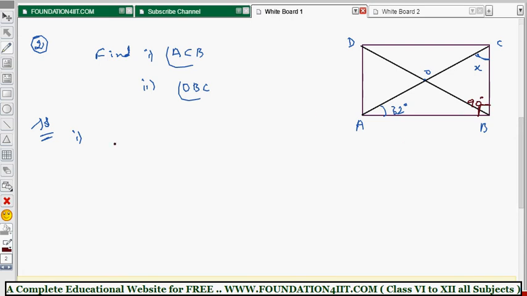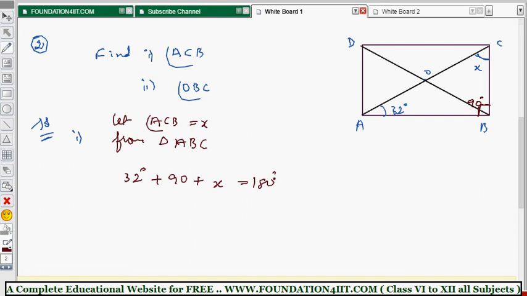Now from triangle ABC, angle BAC is 32 degrees, plus 90 degrees, plus the angle we have to find out, ACB. Let angle ACB be equal to X. The sum of the three angles in a triangle is 180 degrees.